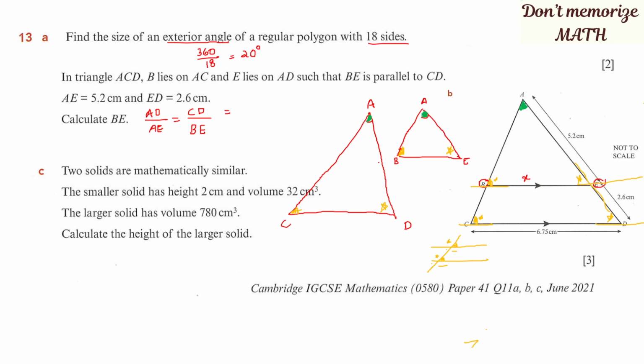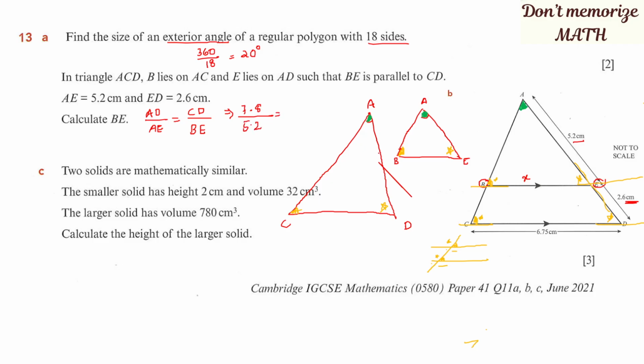What is AD? See the picture. AD is 5.2 plus 2.6. What is 5.2 plus 2.6? 6 plus 2 is 8, and 5 plus 2 is 7. So you will get 7.8 over AE. AE is 5.2. See the picture and write.